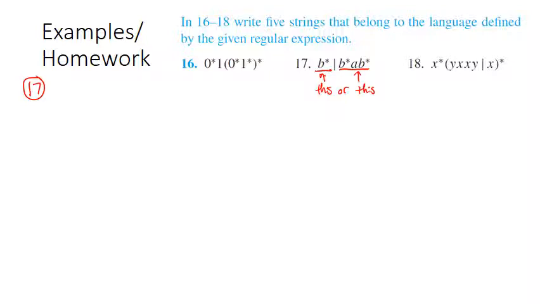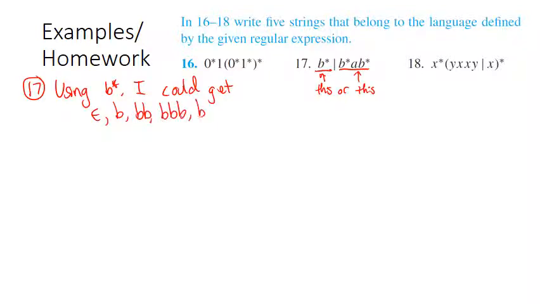So if I do the one on the left, using B star, I could get the empty string if I don't concatenate it any times, or I could get B, or I could get BB, or I could get BBB. I can just keep concatenating that as many times as I want.